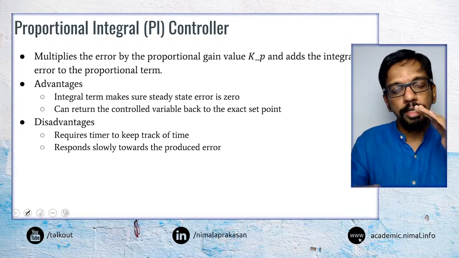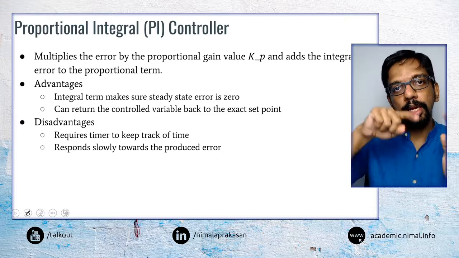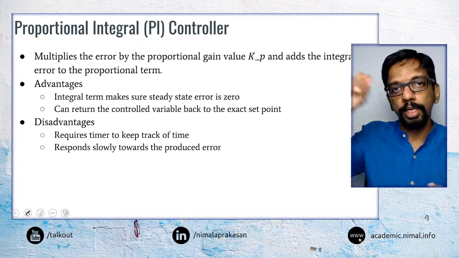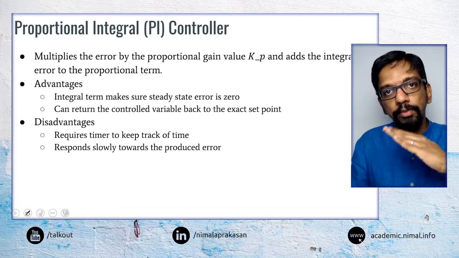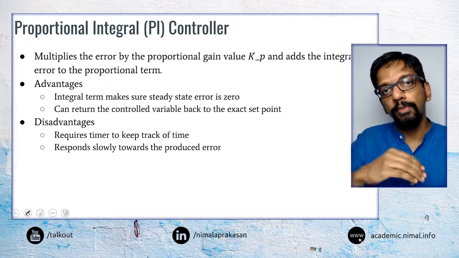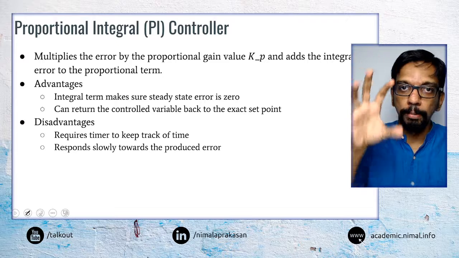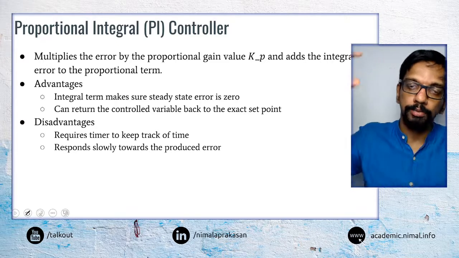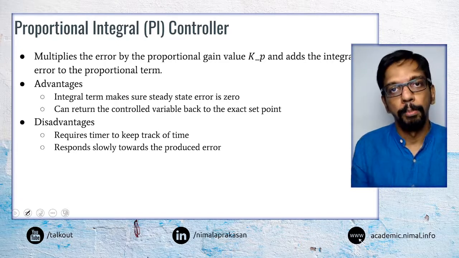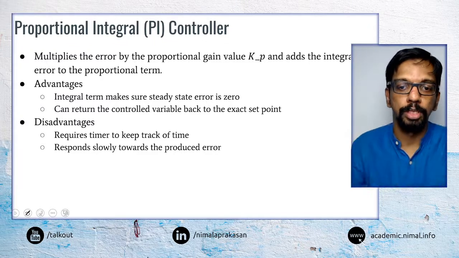So with integration, the integral value is going to increase and increase and increase. So then over time, even if the proportional difference is reducing, the integral value is now increasing. So the impact from the integral component will be now higher, and that will bring down the system to a zero value.